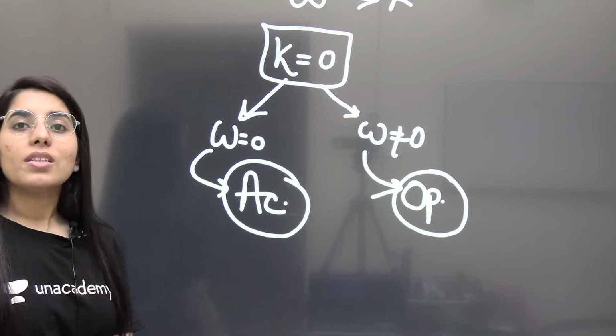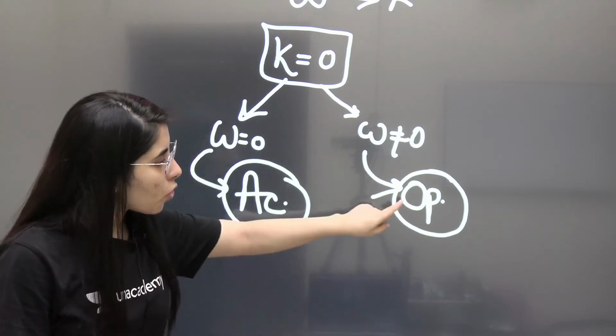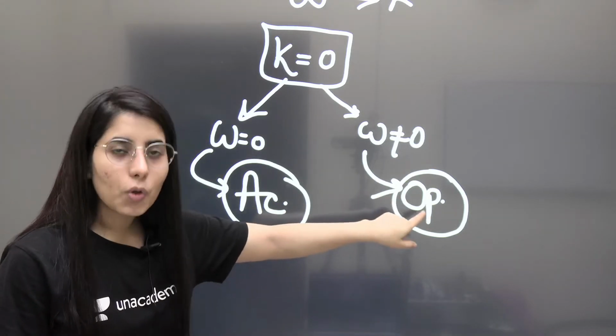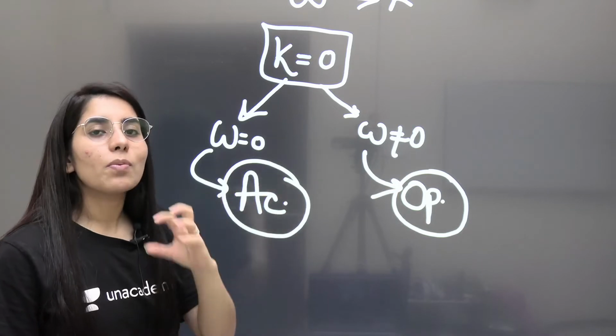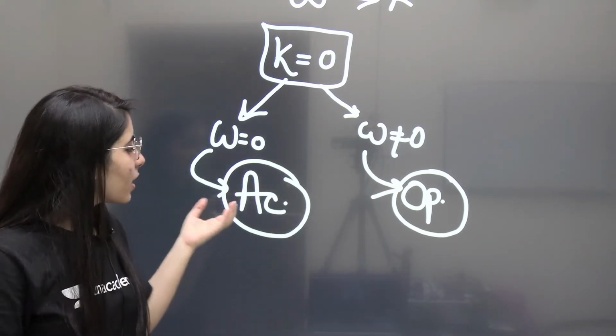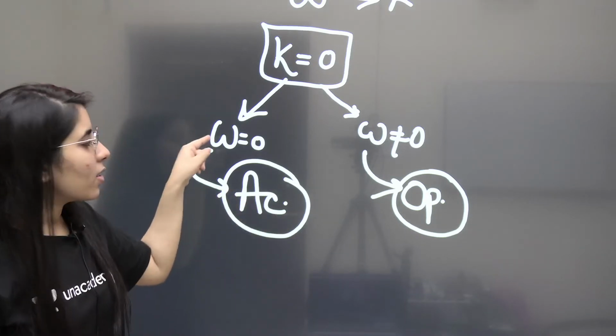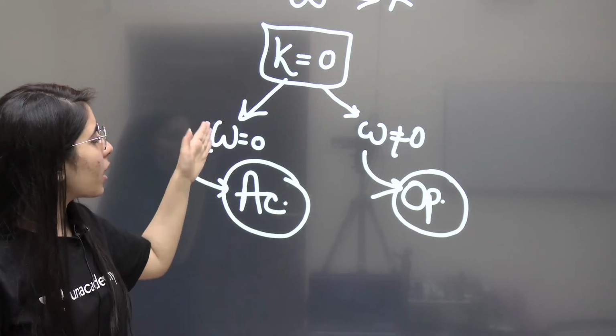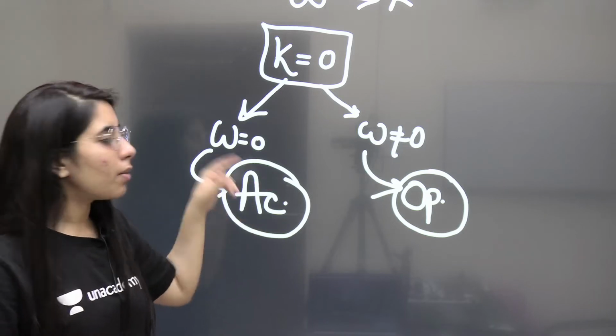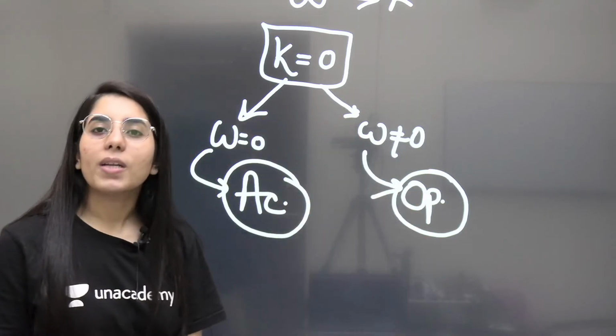O was already there, which looks like 0, so you will not need more zeros there. But acoustical does not have 0 as its first alphabet. So if you are getting omega 0, you will say it is the acoustical branch. Omega non-zero, it is the optical branch.